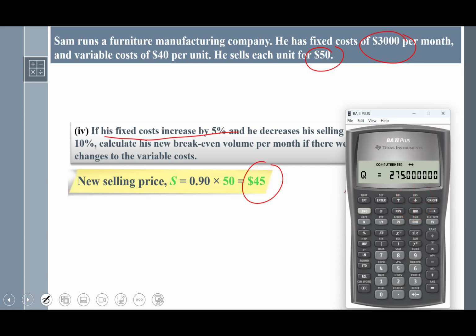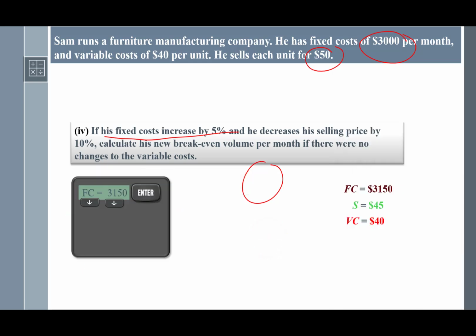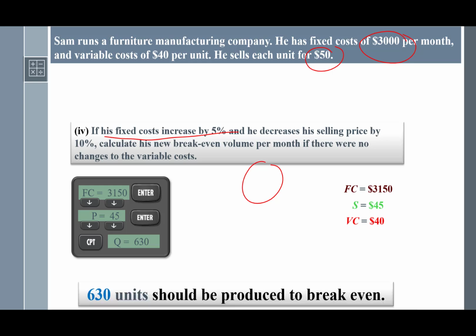Now, of course, here we increase the fixed cost, we decrease the selling price, we expect the break-even point to jump above 300. 630 items they have to sell to break even, because the price is $45, just $5 more than the variable cost, plus we increased the fixed cost. Okay, 630 items.